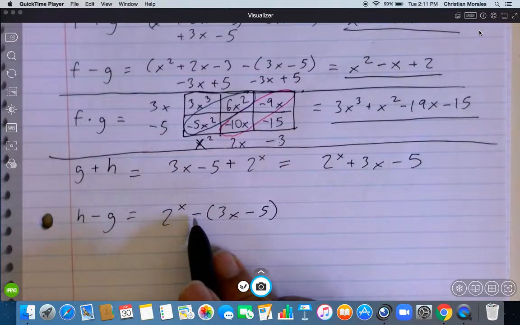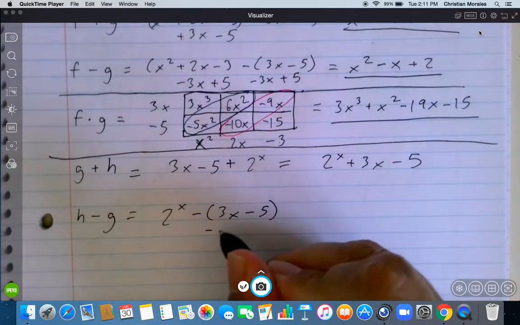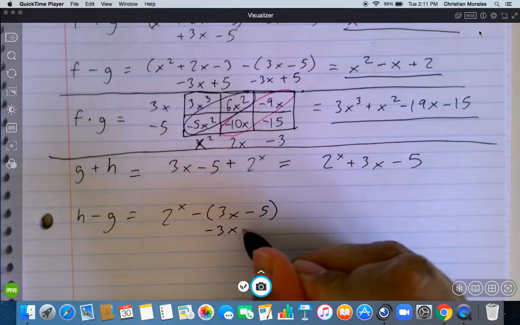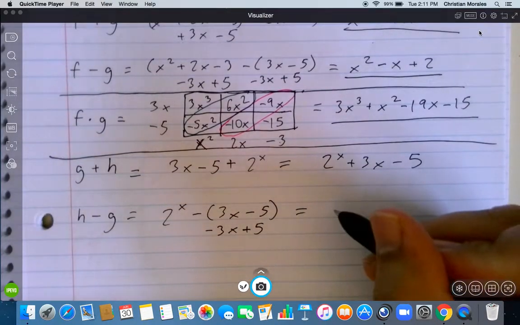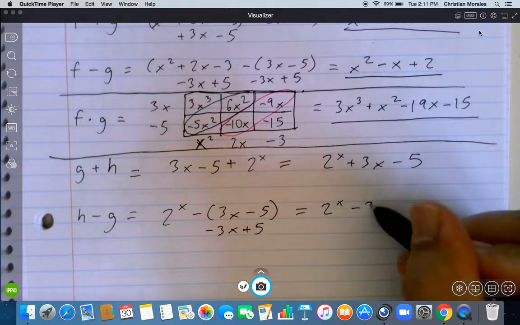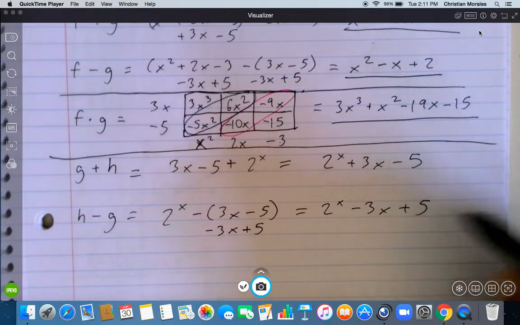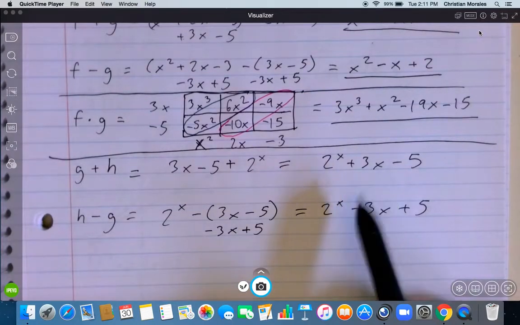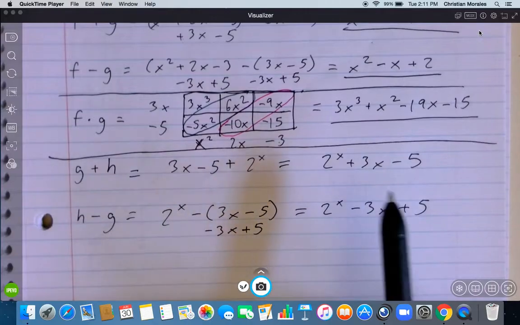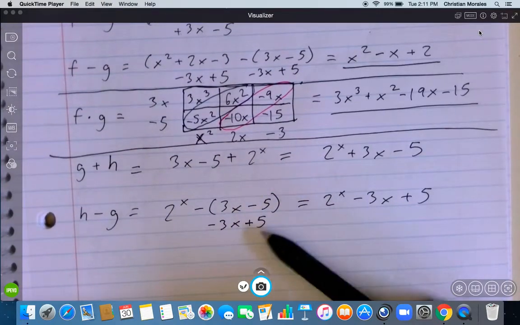Again, you have a negative sign. You're subtracting this. That's going to change this to a negative 3x. That's going to change the negative 5 to a positive 5. So your answer looks like this. Not the same, because you're subtracting them. You're not going to get the same answer.